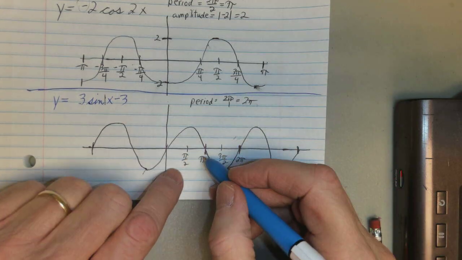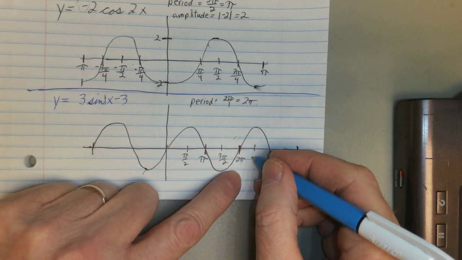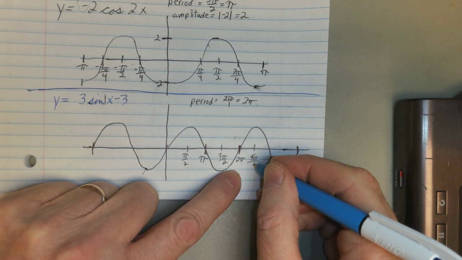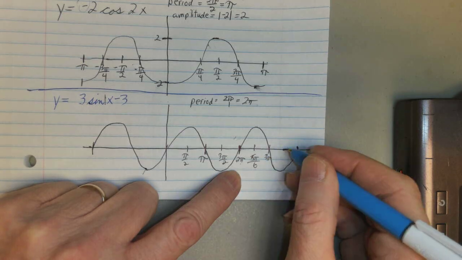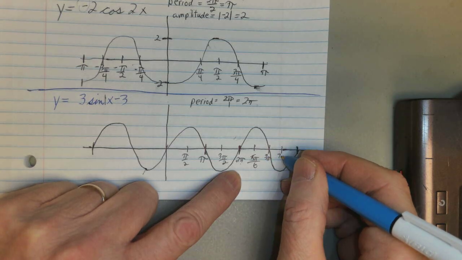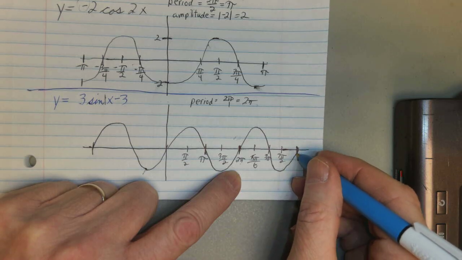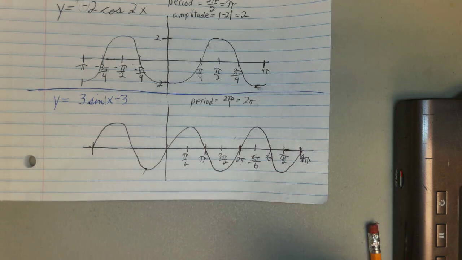I'm going by pi over 2 here: this one is 4 pi over 2, 5 pi over 2, this is 6 pi over 2, which is 3 pi, this is 7 pi over 2, this is 8 pi over 2, which is 4 pi.